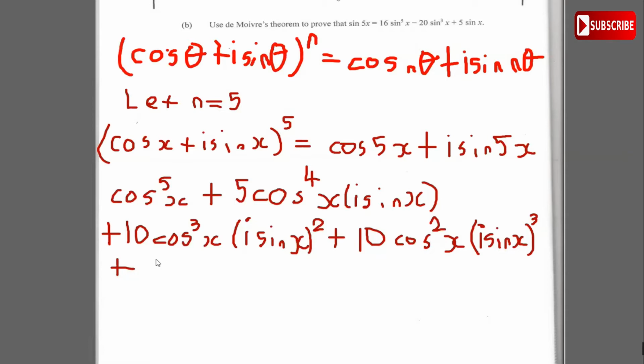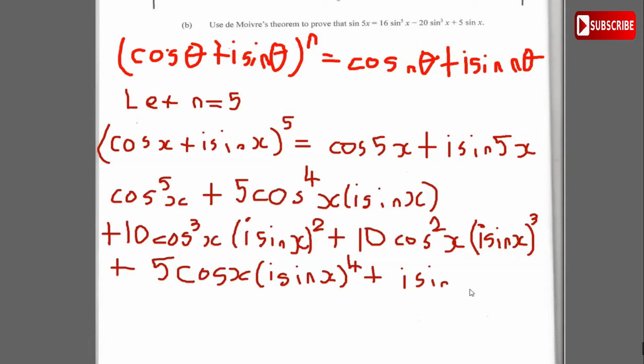So going back to 5 now, then it is 5 cos x times i sine x to the 4, plus i sine x to the 5.